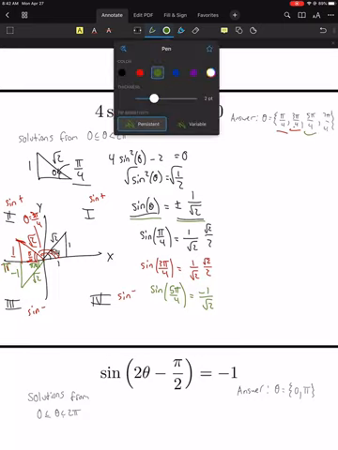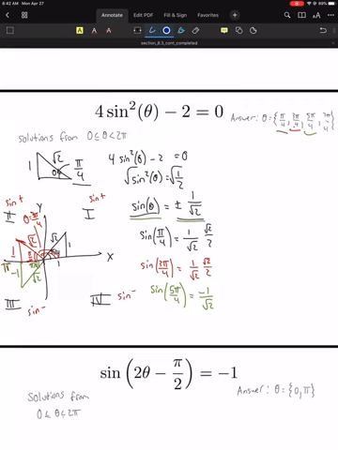And then the fourth solution is in the fourth quadrant. Hypotenuse of square root of 2, opposite side of -1. Again, the inner angle in here is pi over 4. So what's the measure of the angle here when I go all around?